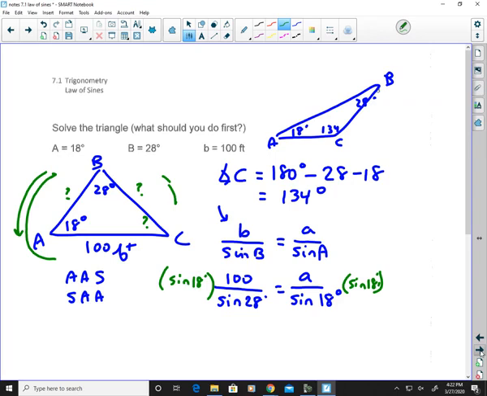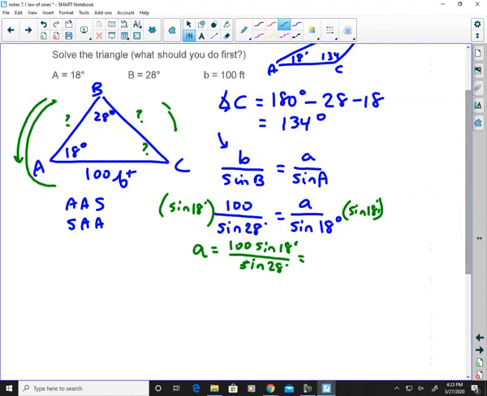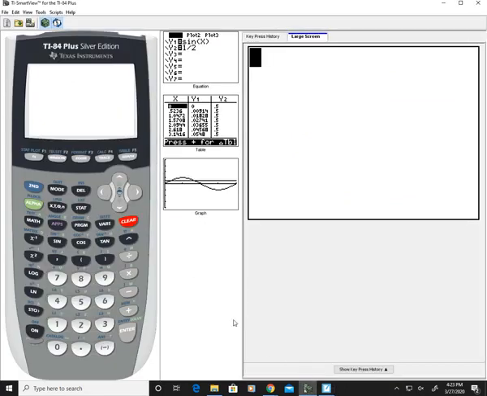And I get that A is equal to 100 times the sine of 18 degrees divided by the sine of 28 degrees. And if I want to make sure that I close my parentheses, so why don't I punch that in the calculator just to show you once, and then from then on, I probably won't have to punch it in. 100. Oh, I didn't check my mode, but we'll see if the answer comes out.